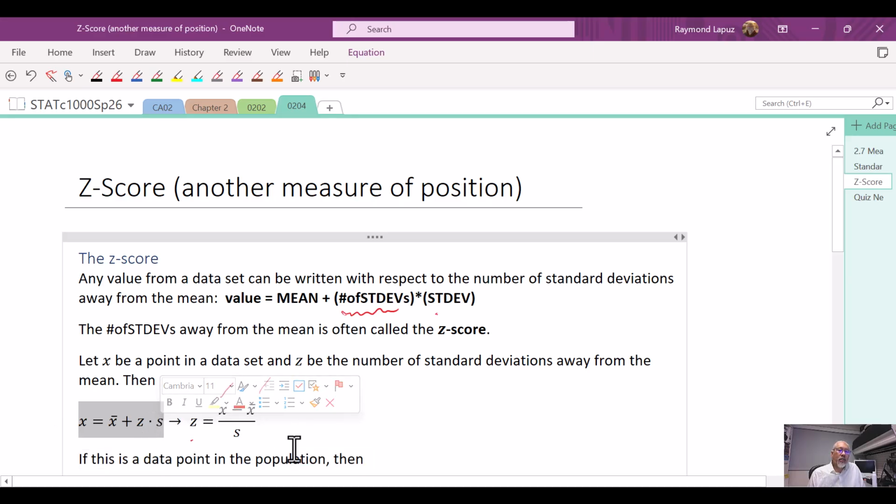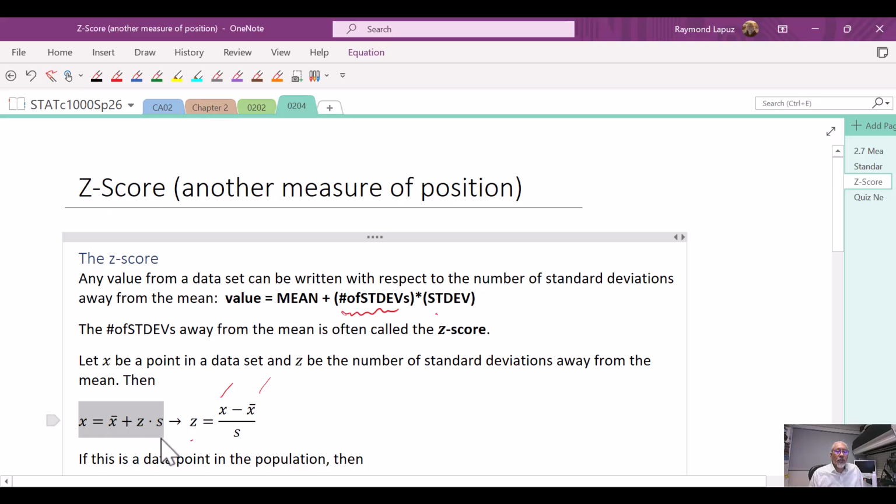That number z is often called your z-score. This is your score with respect to how many standard deviations you are from the mean. So if your z-score is +1, that means you're 1 standard deviation to the right of the mean, bigger than the mean. If your z-score is -2, that means you're 2 standard deviations away from the mean in the negative direction. So x is equal to x bar plus z times your standard deviation.